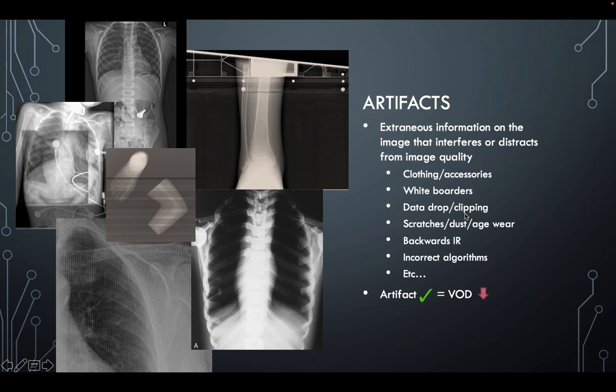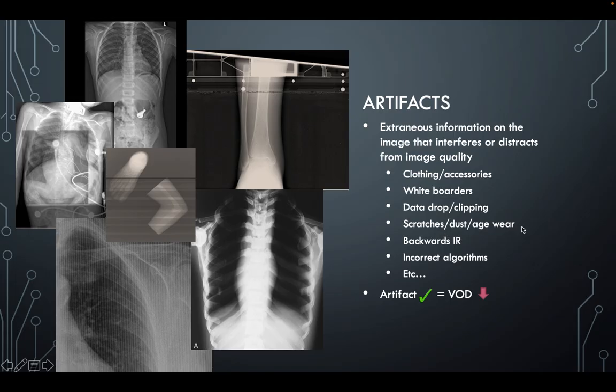Data drop or clipping, with those you're at a point where you're so overexposed that you have lost information. And so there's not too much that we can do on the backside to rework our equalization. So we actually have to readjust our technique and take images again when we have data drop, data clipping, or we see lines coming across because we've overexposed.